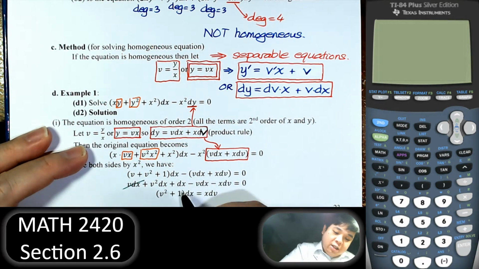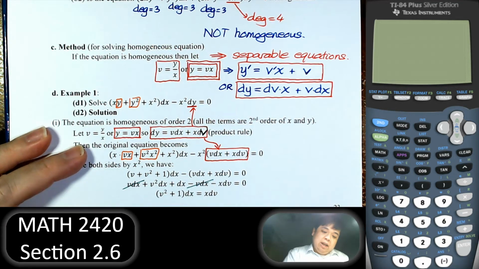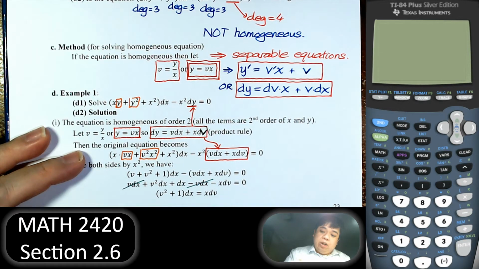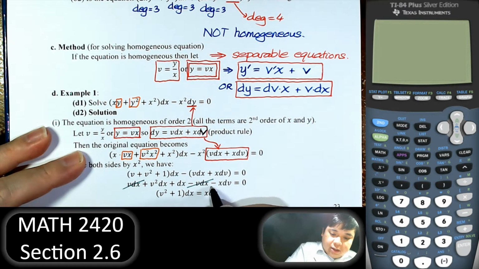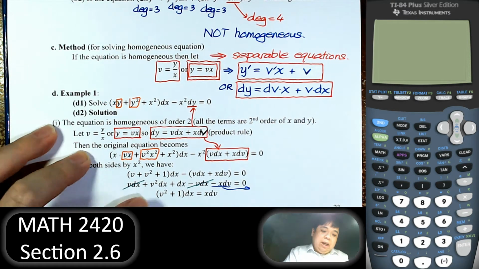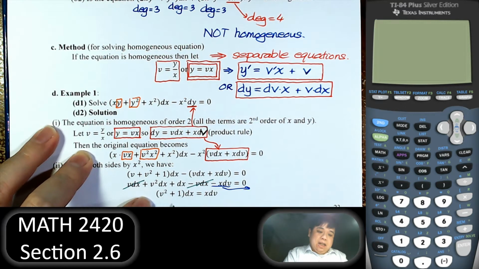v dx, and we end up with v squared dx plus dx minus x dv. I move the x dv to the other side, and factor out the dx here. So I have v squared plus 1 dx equal to x dv.